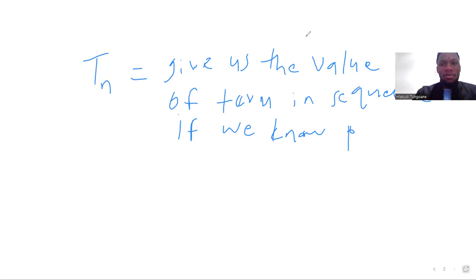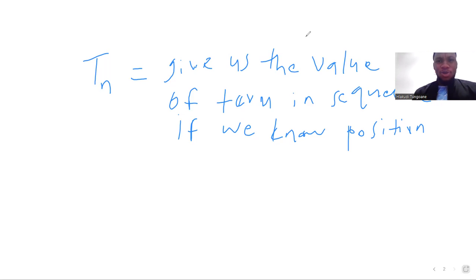Sorry for the bad handwriting. Essentially, if we have this formula for a given sequence, then we're able to determine the value of any term if we know the position. The position is what's notated as n. That n there is the term number.